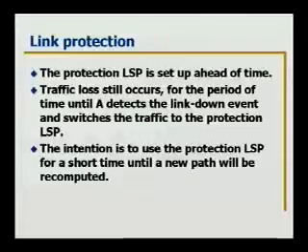Second, traffic loss is still going to occur. Traffic loss still occurs because there is a delay until A figures out that the link went down and then switches the traffic to the protection LSP. Now the question is, what is the amount of time that we're going to lose traffic?